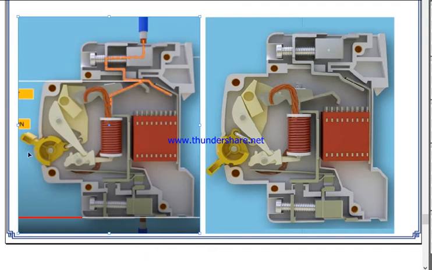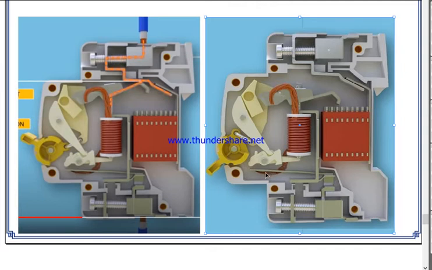But in the event of overloading, what happens? This bimetal strip gets overheated, and because of its overheating, it changes conformation.